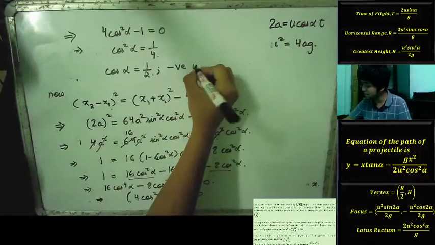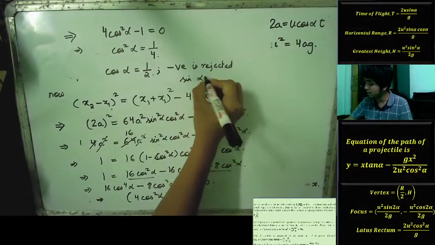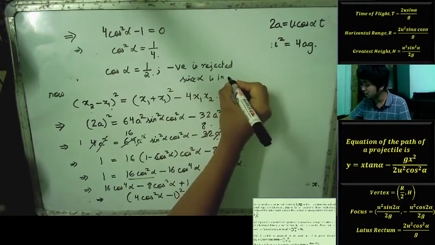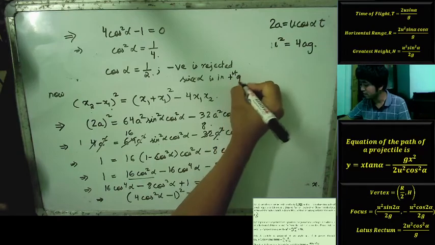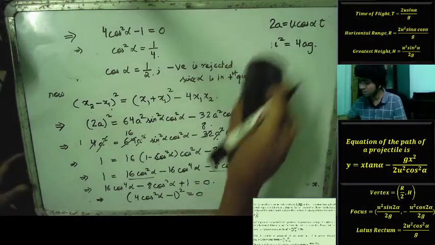Negative is rejected since alpha is in the first quadrant. So we have got the value of cos alpha, and now we can just substitute it over there.